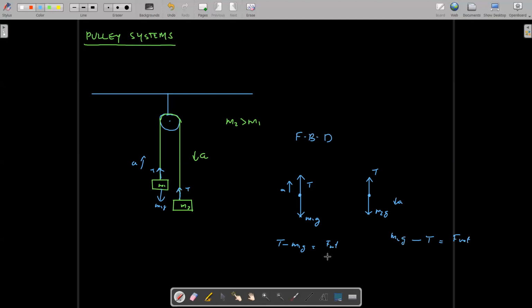From Newton's second law, net force is equal to mass into acceleration, since there is no change in mass. Now we can write T minus m1g is equal to m1a, and m2g minus T is equal to m2a.